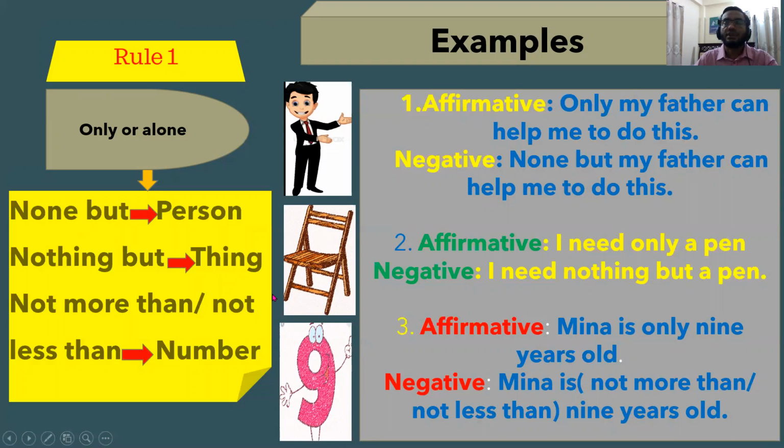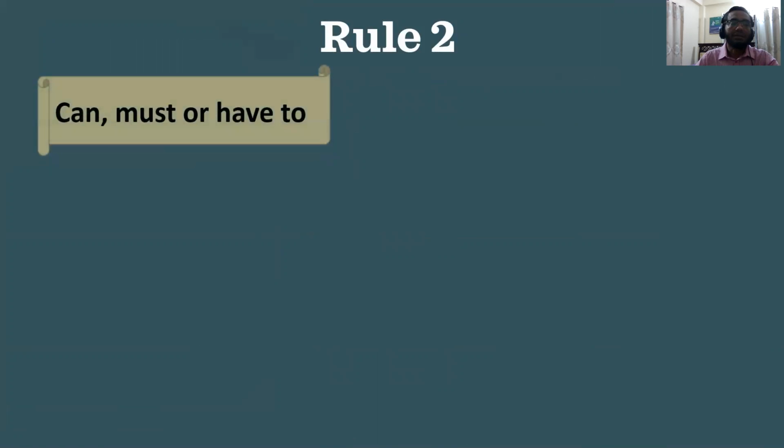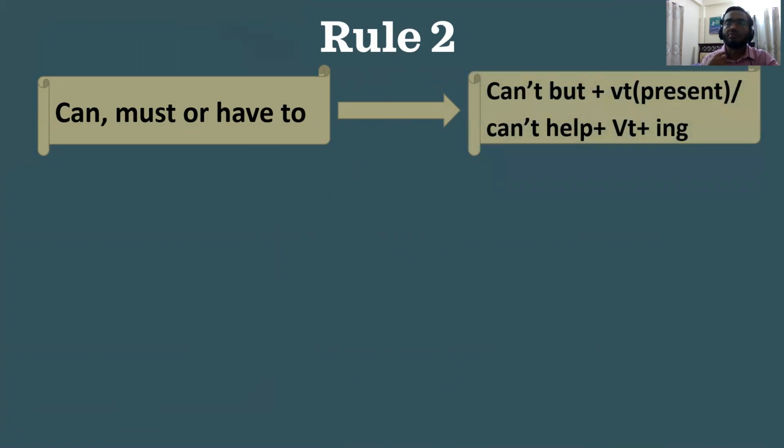Okay? Fine. Now, the second one. Rule 2. Can, must, or have to can be replaced by cannot but plus verb in present form.